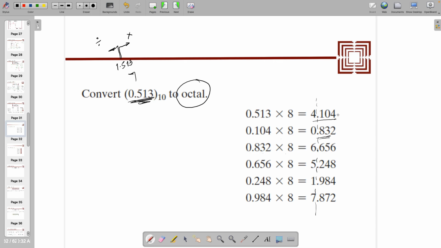As this is a fraction part, it depends whether it's going to give you a round number or not, but sometimes there is no possibility. So it keeps on going. Maybe it can go till 20 such iterations, but still you will not get a round number.